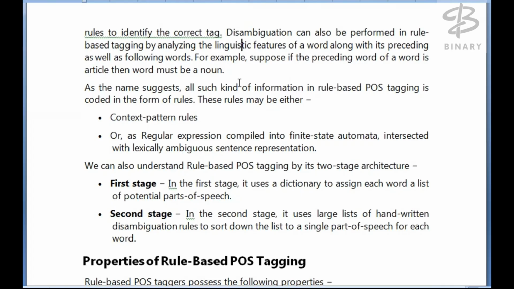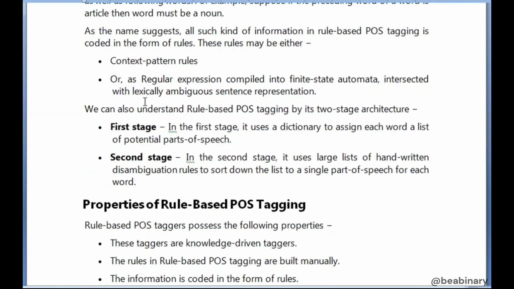So as the name suggests, all kinds of information in rule-based POS tagging is coded in the form of rules. So these rules may be either context pattern rules, and second, regular expressions compiled into a finite state automata, or sometimes used for lexically ambiguous sentence representation.